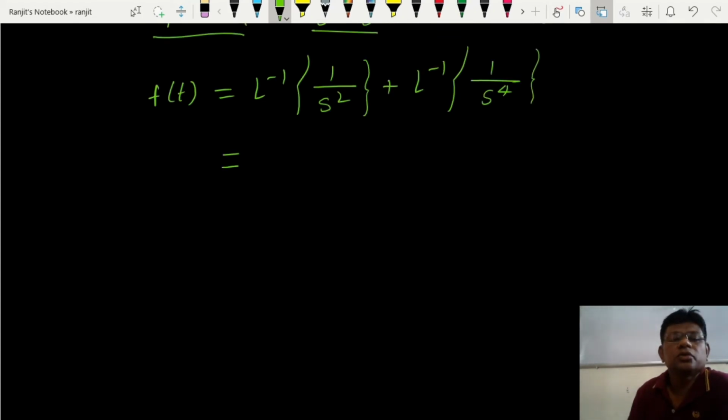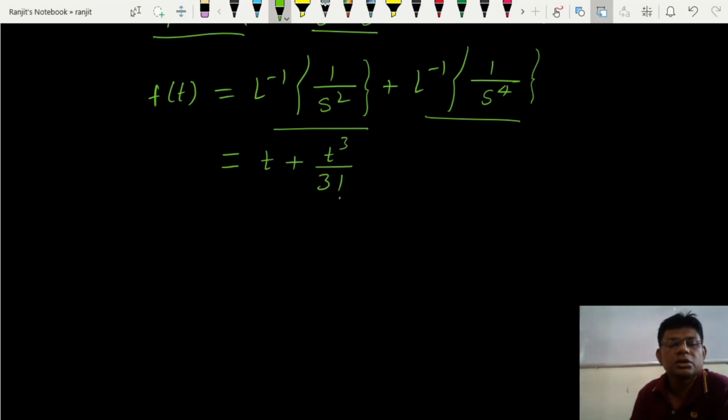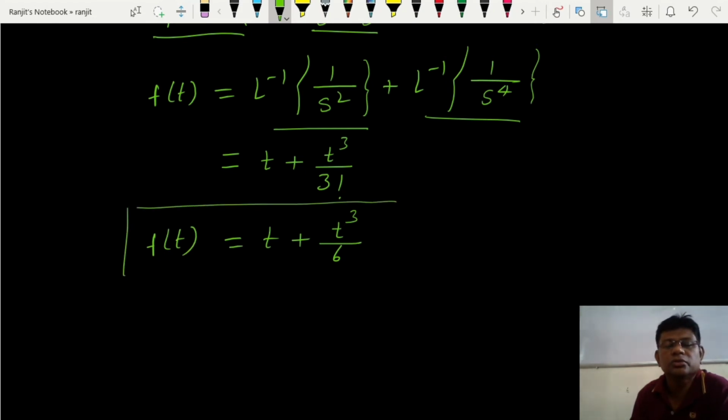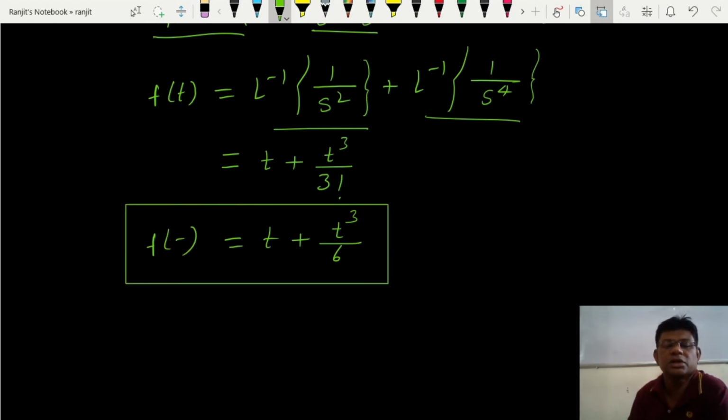This is equal to inverse of 1 upon s square, answer is t, plus inverse of 1 upon s to the power 4, answer is t to the power 3 upon 3 factorial. This is equal to t plus t to the power 3 upon 3 factorial, means 6. This is the required solution for the given integral equation.